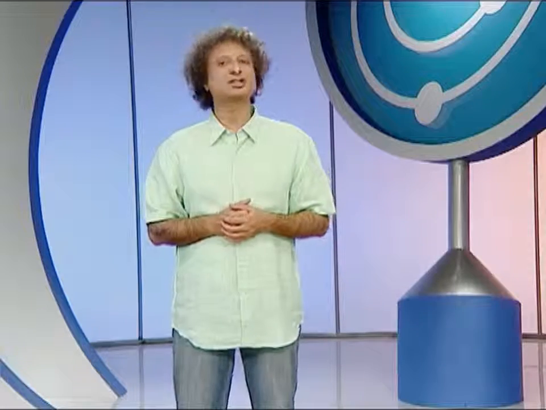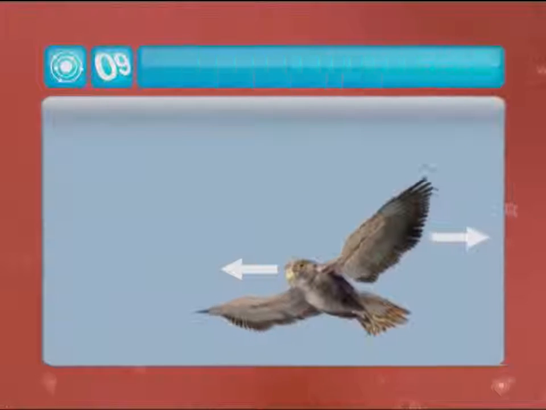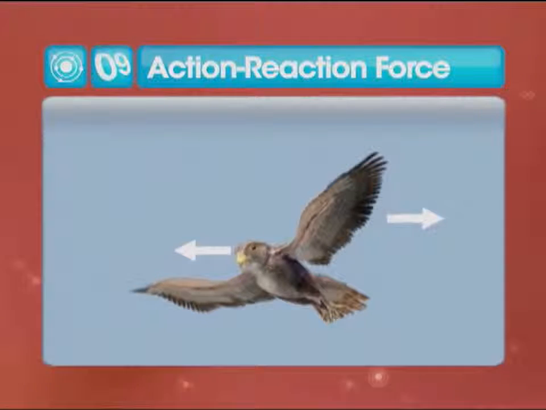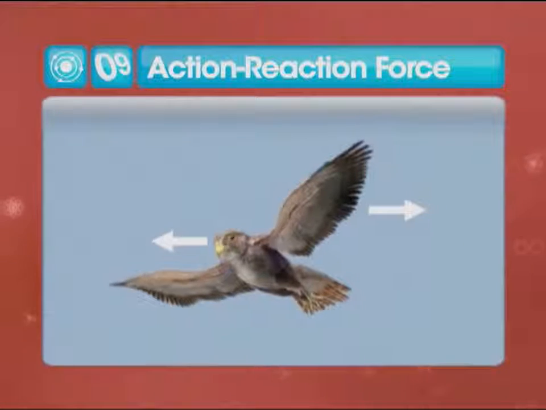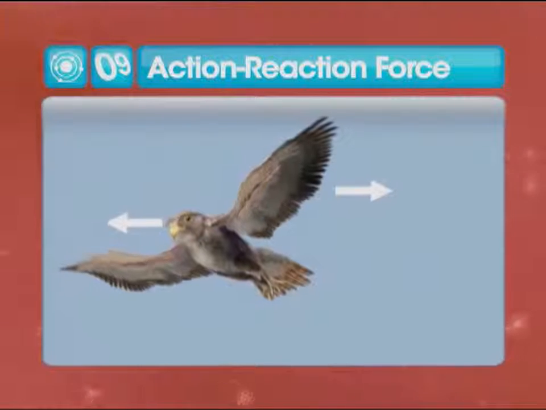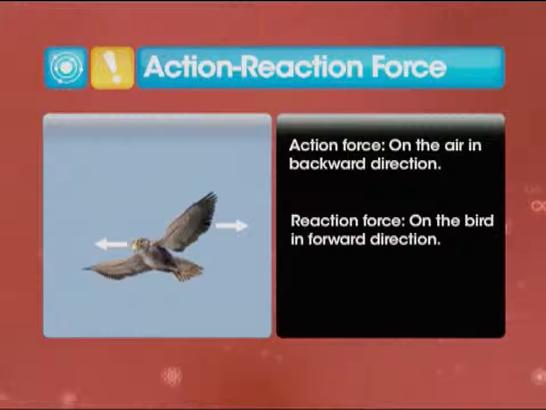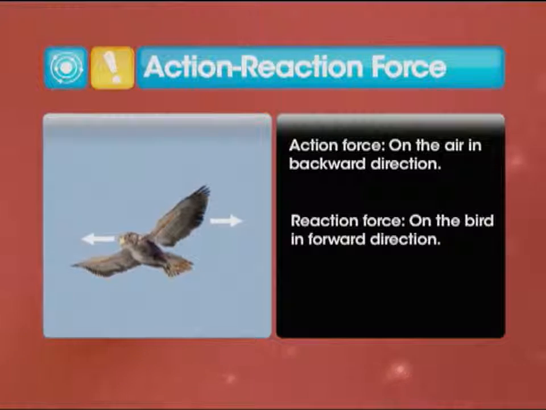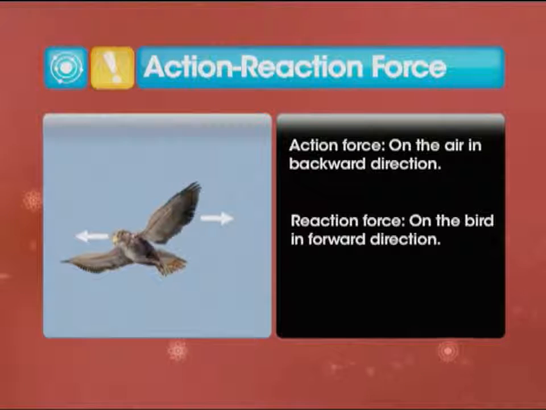A variety of action-reaction force pairs are evident in nature. Consider the motion of a flying bird through the air. A bird uses its wings to push air backwards, but a push on the air will only serve to accelerate the air. Since forces result from mutual interactions, the air must also be pushing the bird forward, propelling the bird through the air.